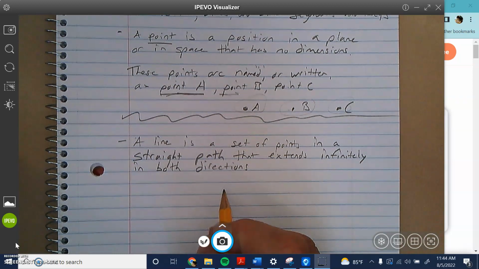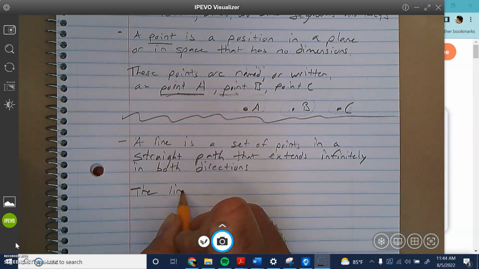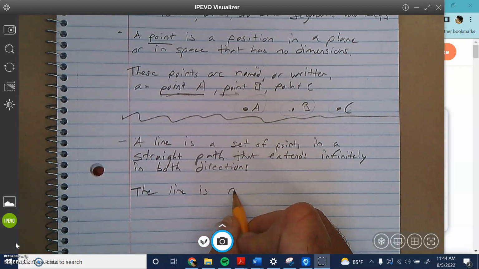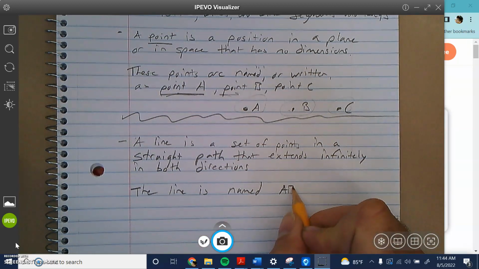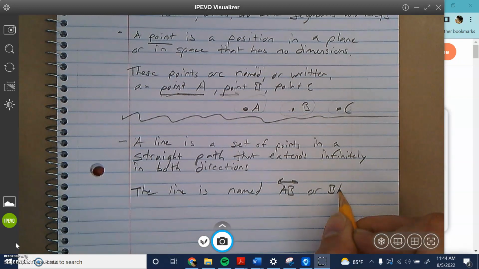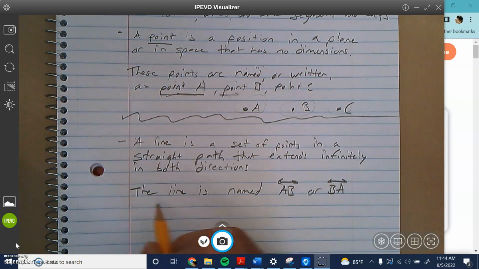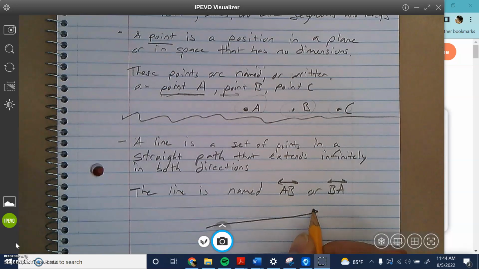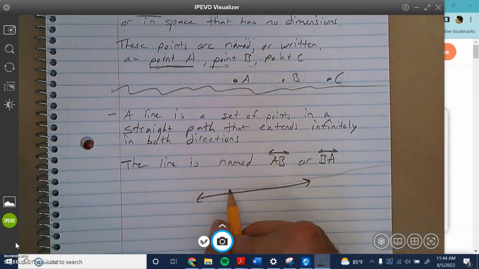So, how do we write it? The line is named. You put two points on the line, line AB or line BA. For example, this is how it looks. You draw these arrows because it means it goes infinitely this way and infinitely that way.